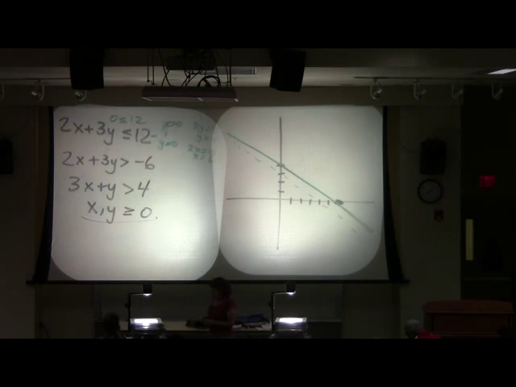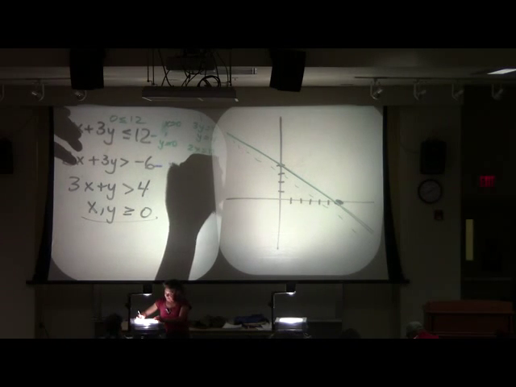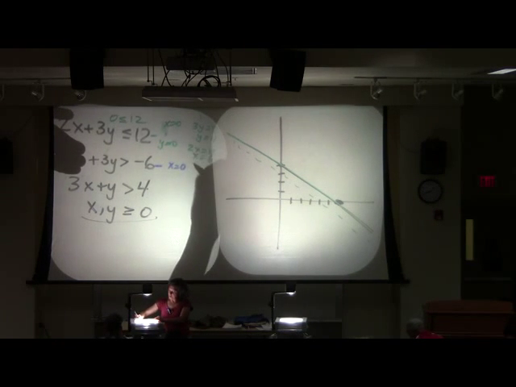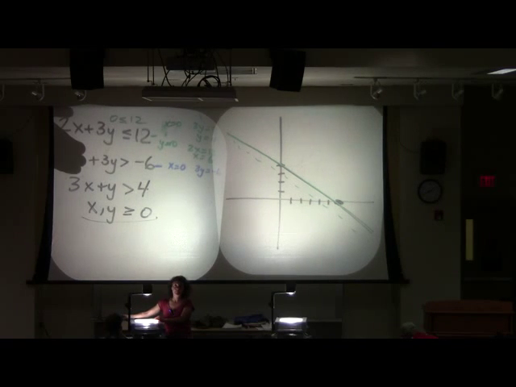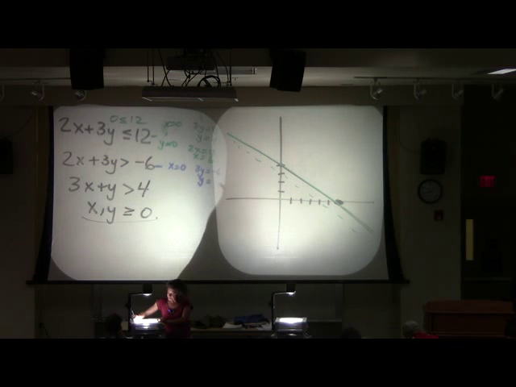All right. My next line, let's do it in blue. Again, if I set x equal to 0, aren't I solving 3y is negative 6? You with me? So what is y equal to? Negative 2.